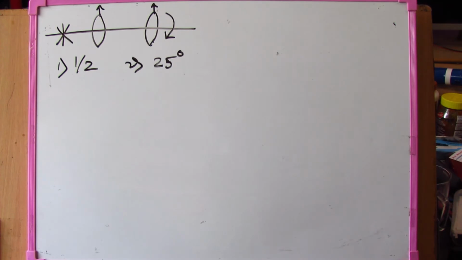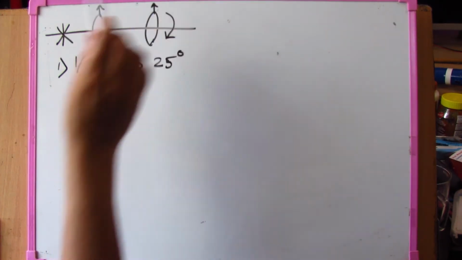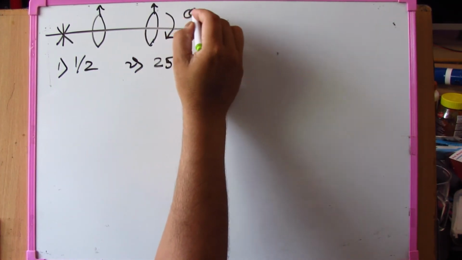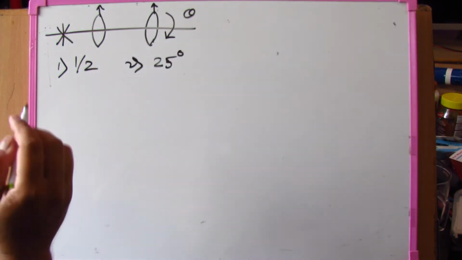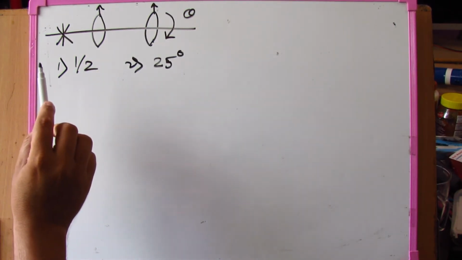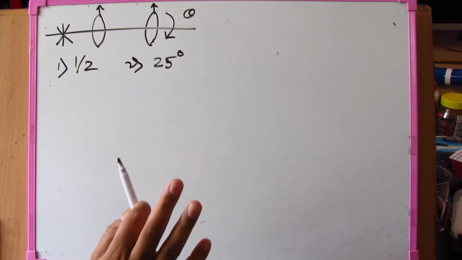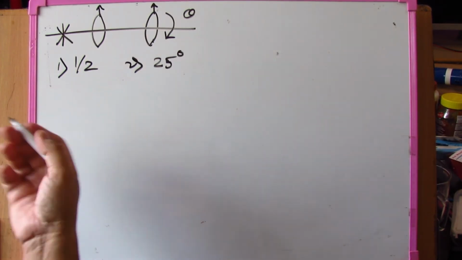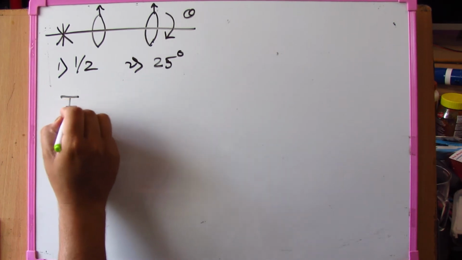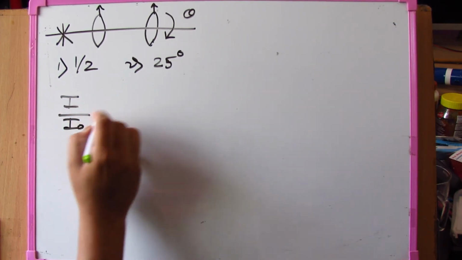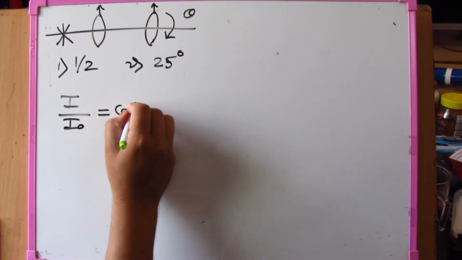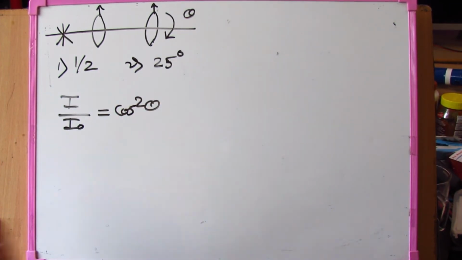Again, transmission axes are parallel. What angle theta should it be rotated? The intensity here will be 1/2. First question, that should be pretty easy. Again, you have Malus law: I divided by I0 is equal to cos square theta. That is simply given.